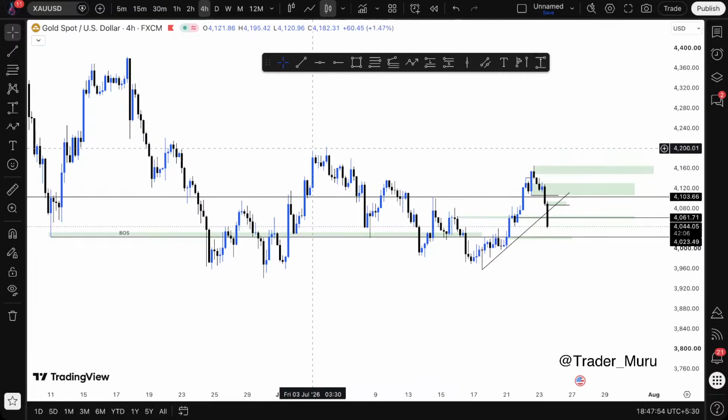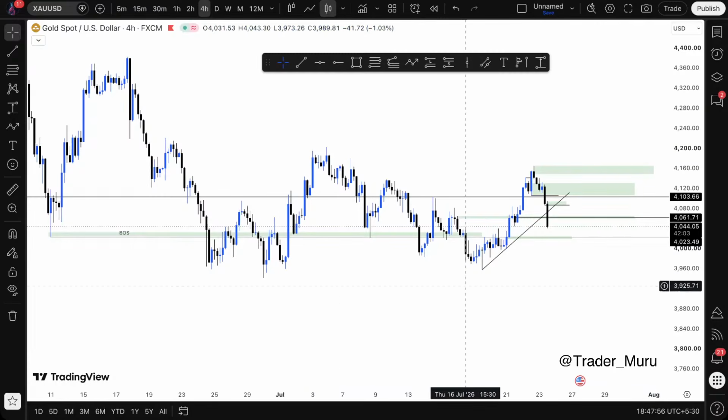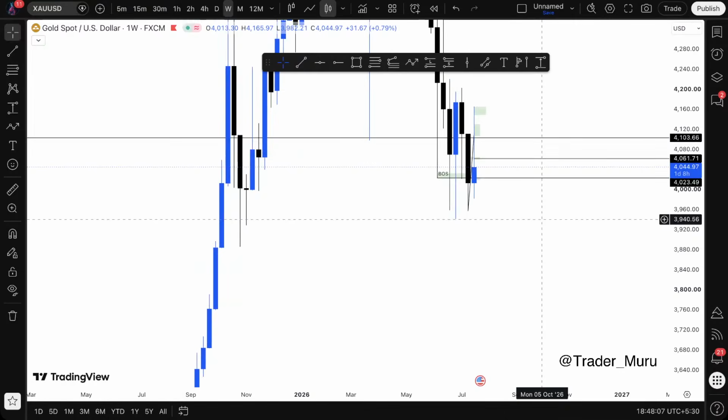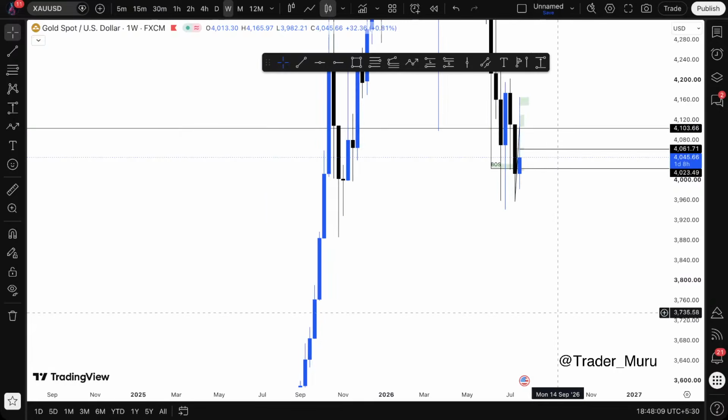Not a trendy complete move, but this is the indication that after a weekly high sweep, price is showing bearishness in 4-hour time frame. So the weekly momentum will continue, which is bearish.